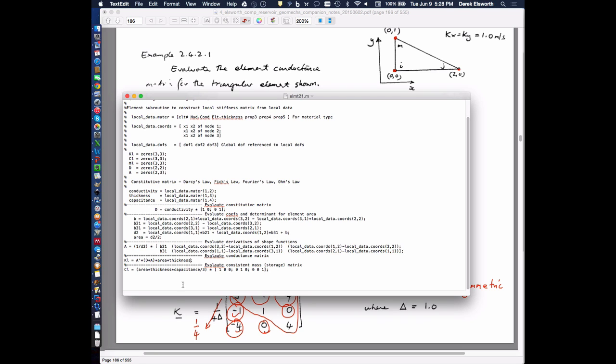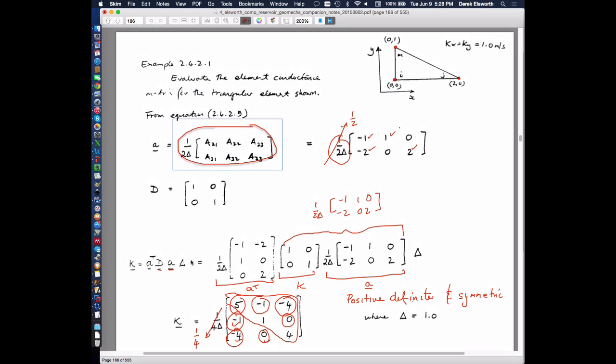So remember, we have to calculate this term here, so we have to calculate A transpose. In MATLAB terminology, this is A prime. This is D times A, which is this part here, and it's times thickness times area. And that's what it is.